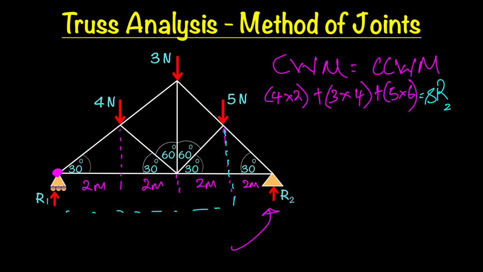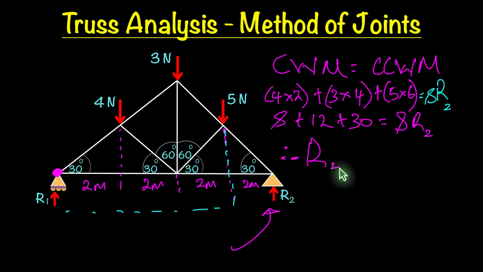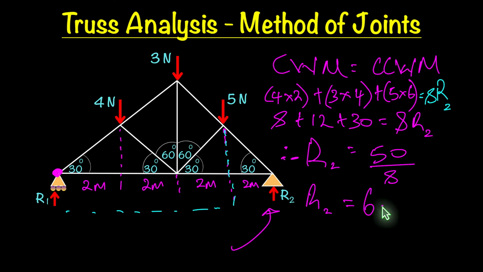So we have 4 times 2, that gives us 8, plus 4 times 3 is 12, plus 30 equals 8 times R2. So R2 is equal to 30 plus 12, so 42, plus 8, so 50, divided by 8. So our answer for R2 is 6.25 newtons.